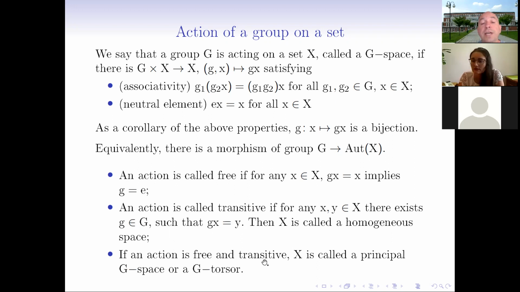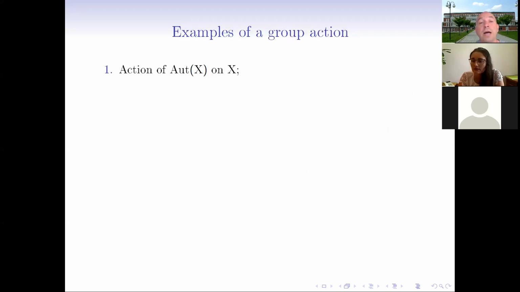If an action is free and transitive, then X capital is called a principal G-space or a G-torsor. So in fact, as we have seen before, a G-torsor is the same as G itself, except we forget about the position of the neutral element. So G without the neutral element, the neutral element being forgotten, is a G-torsor.